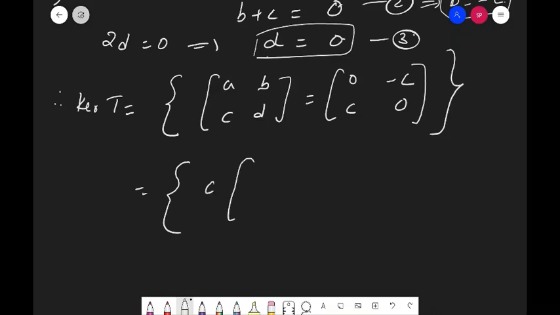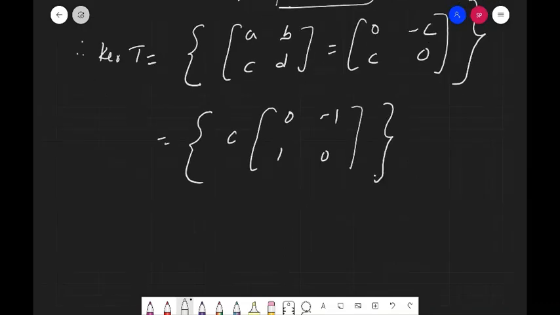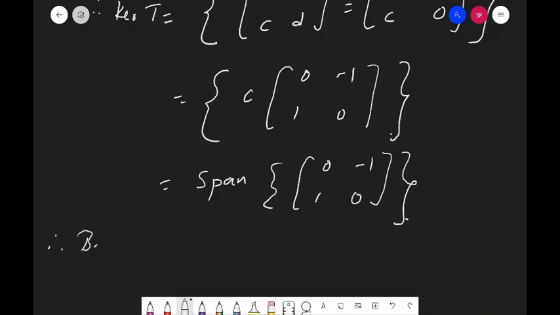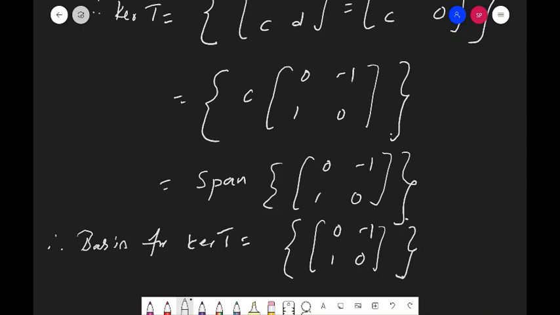I will write it as C times the matrix 0, minus 1, 1, 0, which is equal to the span of 0, minus 1, 1, 0. Therefore, the basis for kernel T is the set containing 0, minus 1, 1, 0. That is the basis for the kernel.